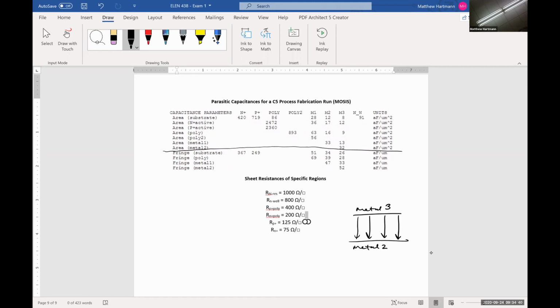But because these are finite metal plates, we're also going to see fringe capacitances that we have to deal with. And the only way that we can know what these are is literally by experimentally measuring them. The mathematics does not work well for finding out what the fringe capacitances are going to be. So we can only rely on what our experiments tell us they are.